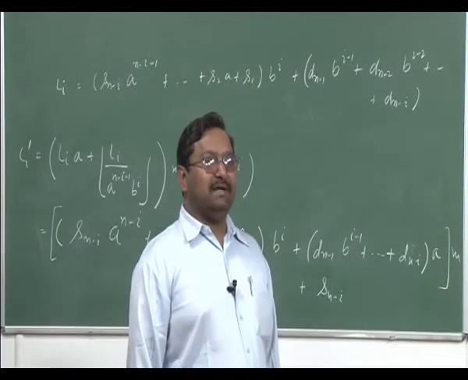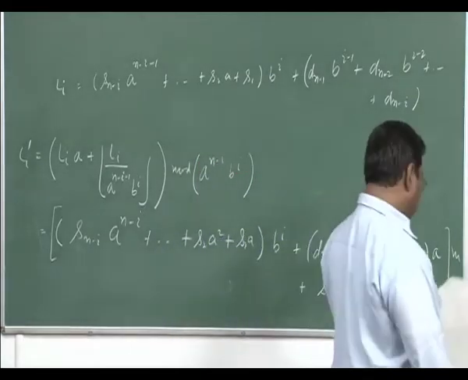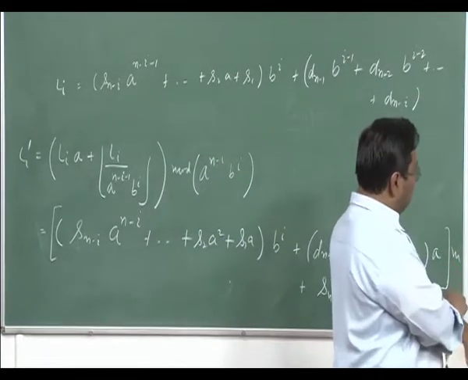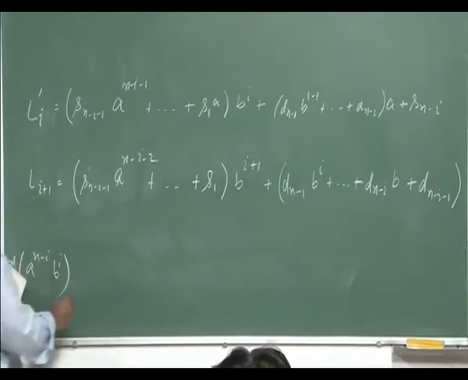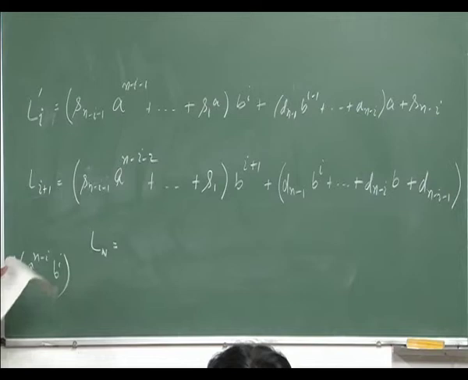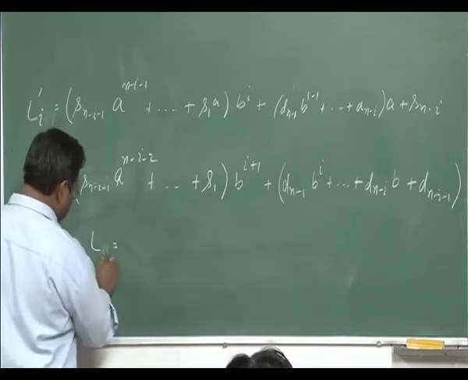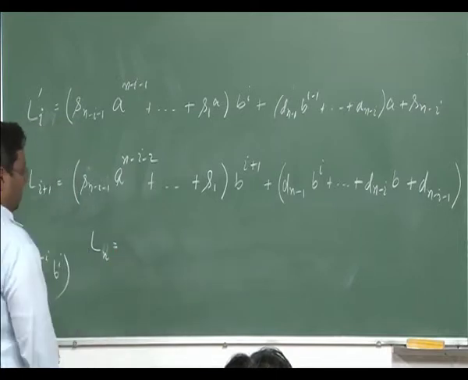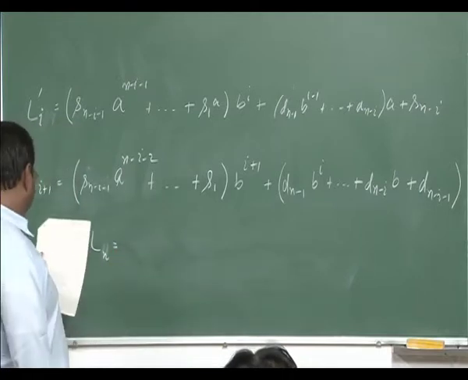So, now I can go and estimate Ln after the nth stage. Sorry, I am using a small n everywhere. So, what will be Ln? I can just use this expression.